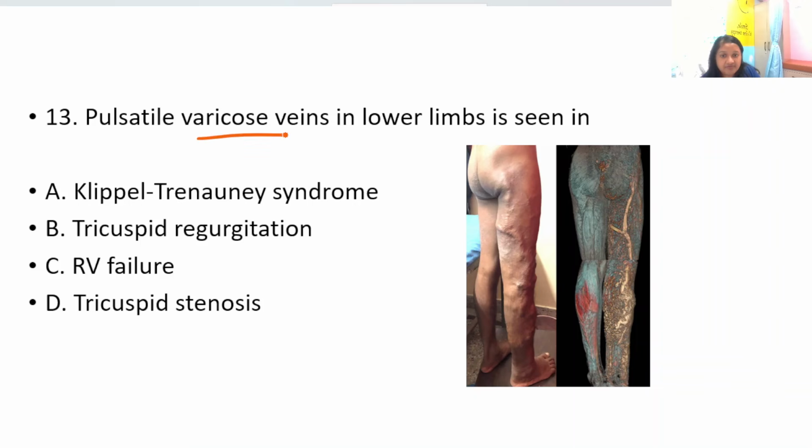Varicose veins are a feature of Klippel-Trenaunay syndrome. They are very rarely seen in tricuspid regurgitation and RV failure, and they are not seen in tricuspid stenosis. So your answer is Klippel-Trenaunay syndrome because it's a typical feature of that syndrome.